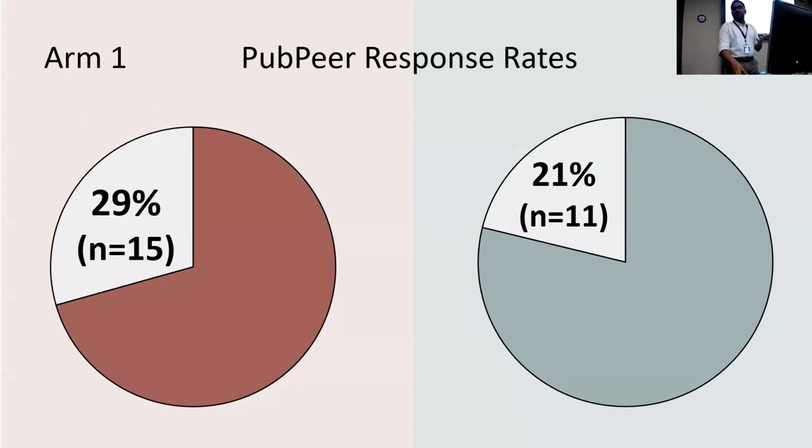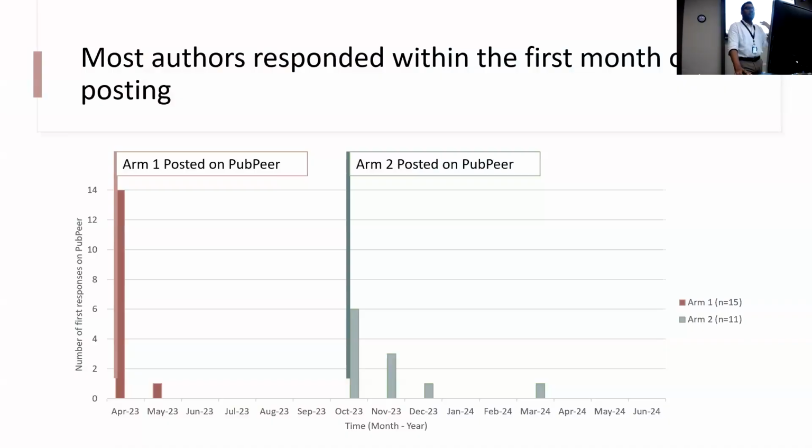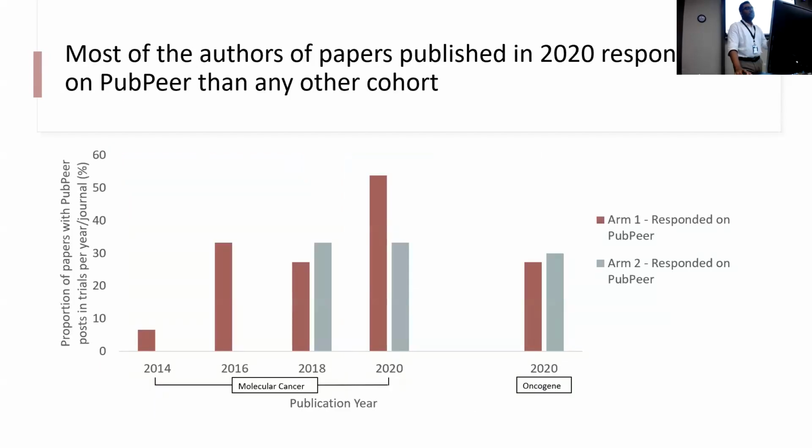In terms of the response rates that we observed as we put things up on PubPeer, across arm 1 and 2, 29% and 21% respectively of the papers that were queried received a response from authors, and most of the authors responded within the first month of posting, with arm 2 being slightly more spread out. We also noticed that more of the authors of papers published in 2020 responded on PubPeer than any of the other cohorts, and this was especially evident in papers published in Molecular Cancer during 2020 that were allocated in arm 1.